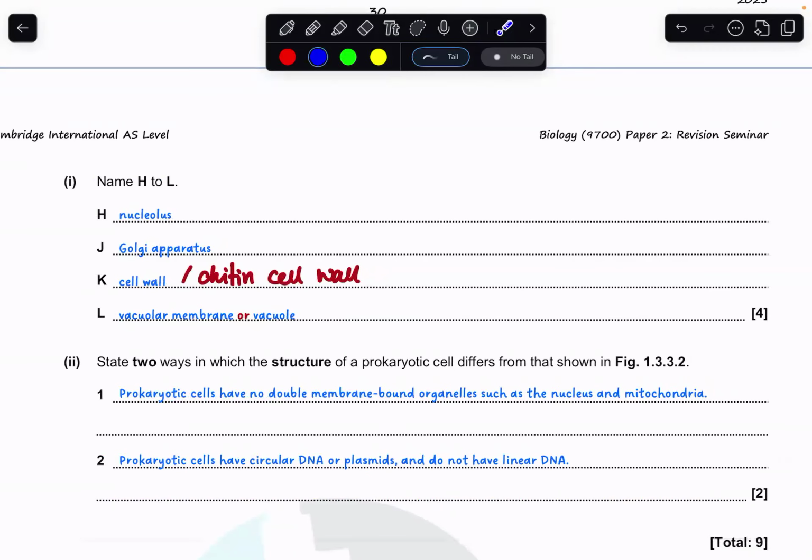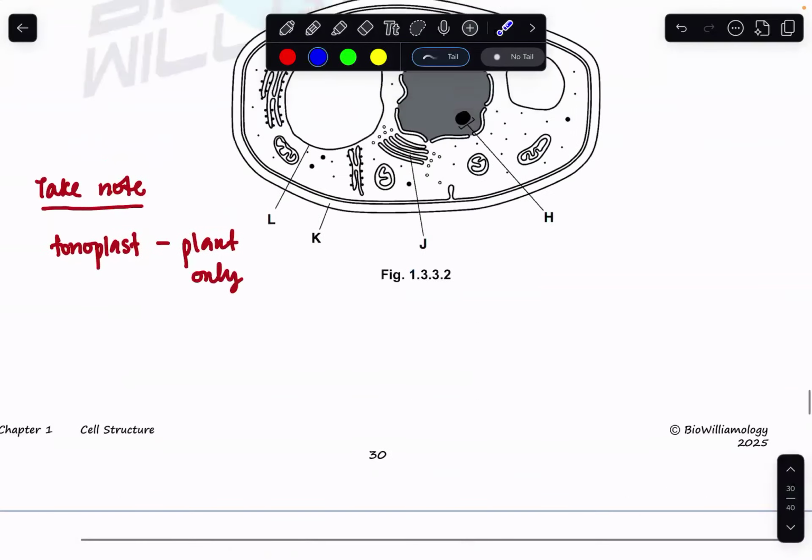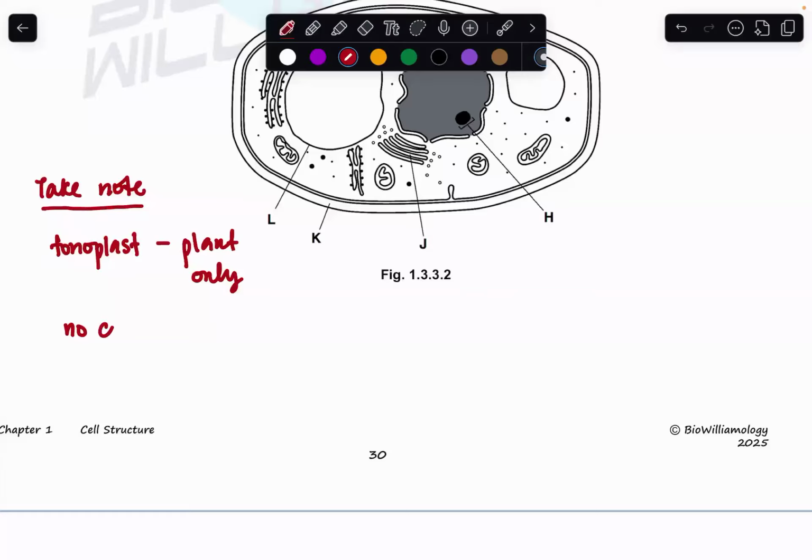State two ways in which the structure of a prokaryotic cell differs from the one shown. We know that prokaryotic cells have no double membrane-bound organelles, such as nucleus and mitochondria. But don't mention chloroplast, because we can't find chloroplast in fungal cells.